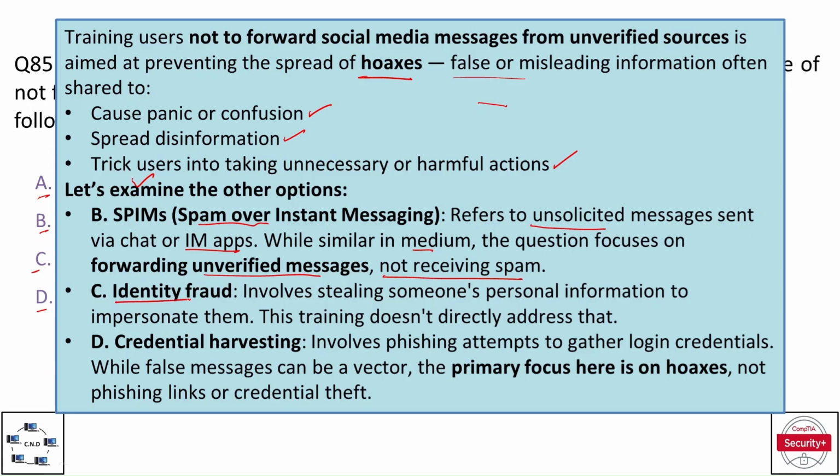And option C, identity fraud, involves stealing someone's personal information to impersonate them. This training does not directly address that. And option D, credential harvesting, involves phishing attempts to gather login credentials. While false messages can be a vector, the primary focus here is on hoaxes, not phishing links or credential theft.